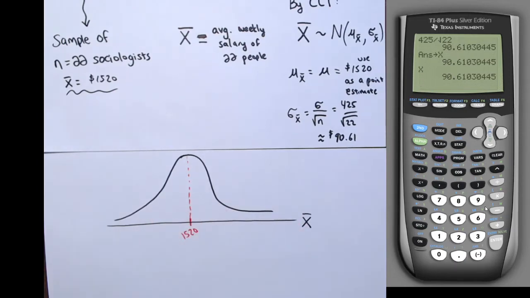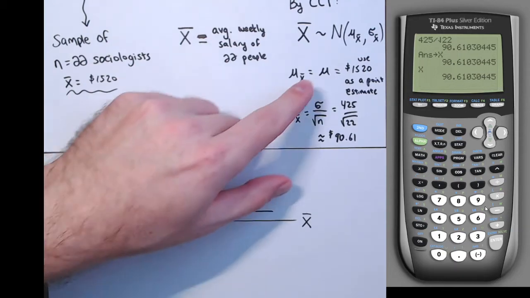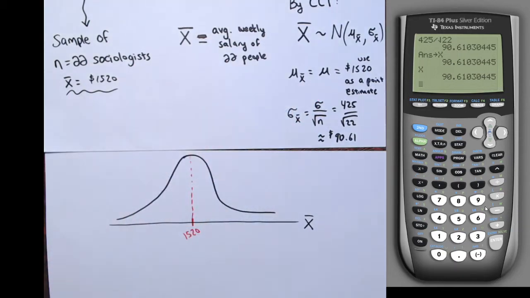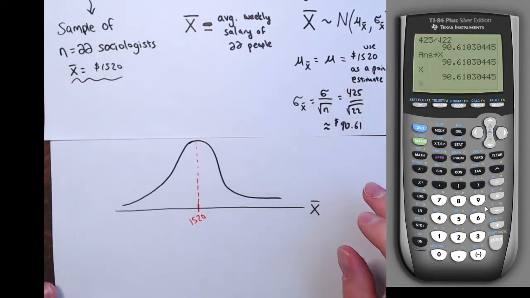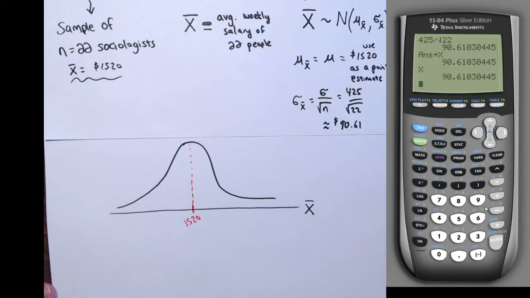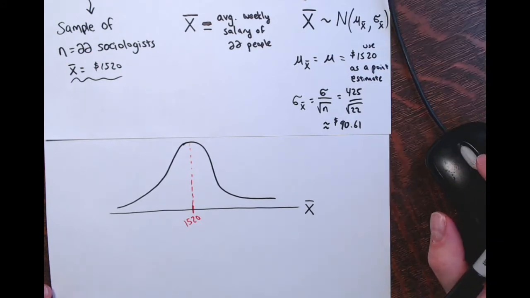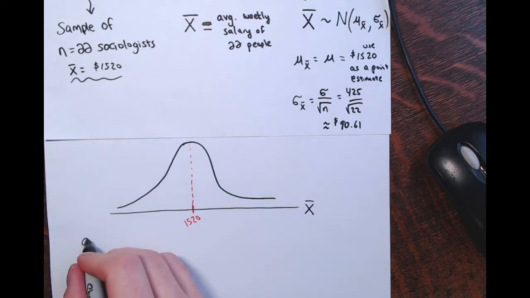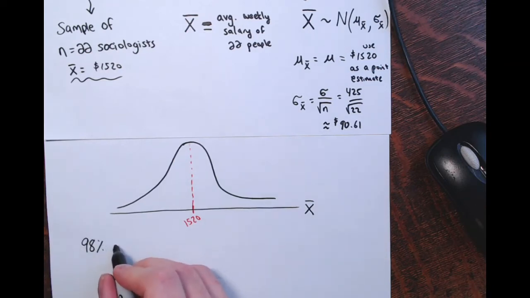And from this we try to create a confidence interval. I'll find a lower value and an upper value that'll give me a guess as to where mu is. What is the value of mu, the mean weekly salary of the entire population of sociologists? Well, to do that I need a confidence level. I want to know how confident I want to be. We were told to do a 98% confidence interval, so we have 98% confidence.